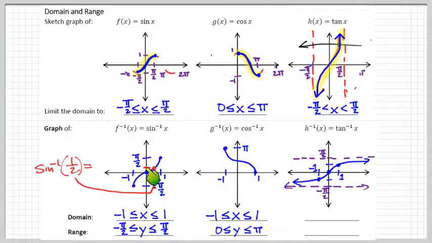We can't tell exactly in the graph here, but we know the answer is pi over 6. And so that makes a lot of sense now. We only get one answer. We don't get any of the repeated answers, like 5 pi over 6 would be up here. We get our one answer, and this is the answer the calculator spits out. The calculators basically spit out the one answer associated with each of these graphs.